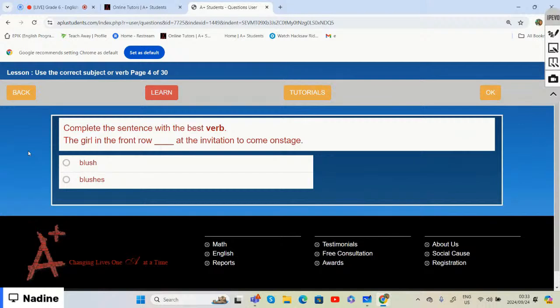Do we say she blush, option one, or blushes, option two? Which one is correct?